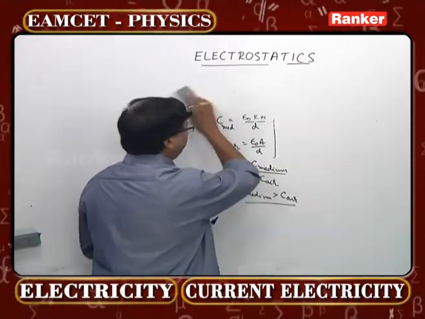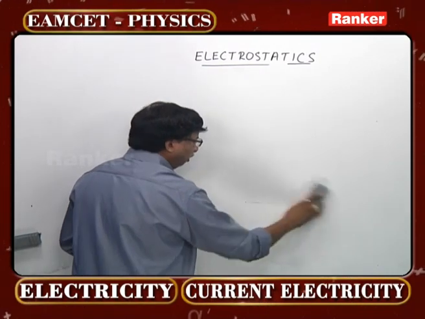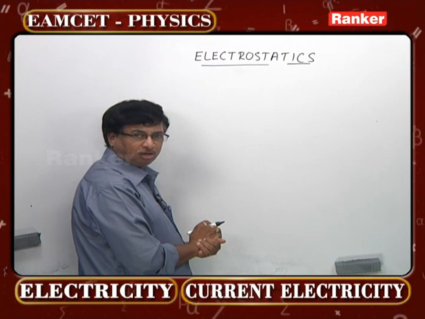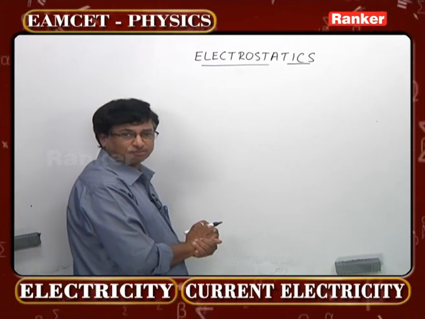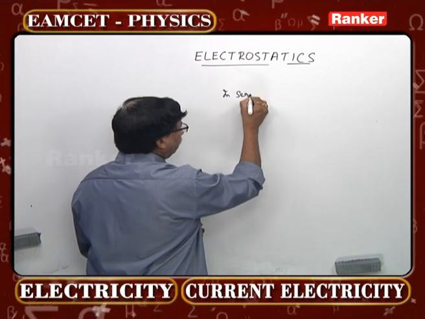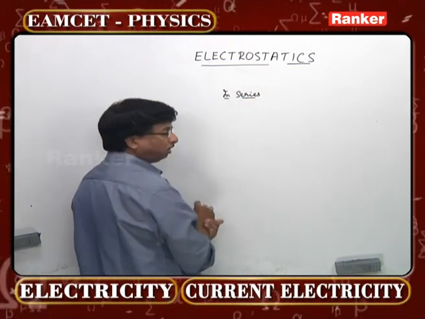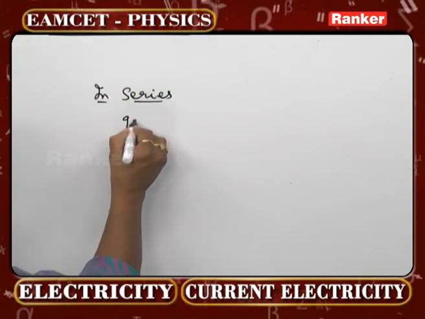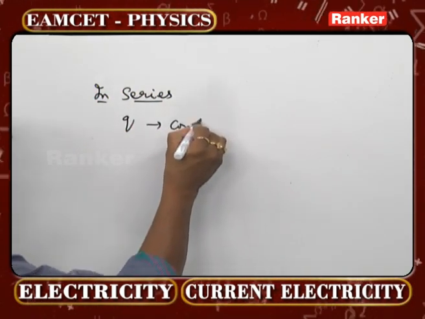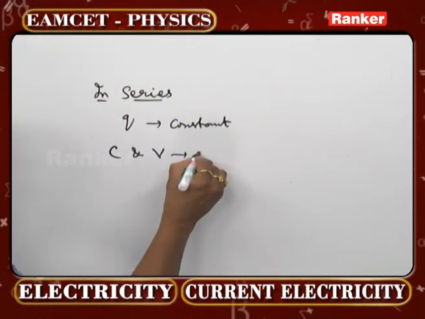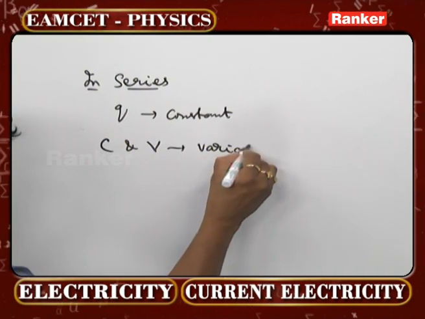Come to the next one over here. By considering the parallel plate condenser, what is the resultant capacity when we connect parallel plate capacitors in series? One, of course we know, in series, what are the things which are going to be constants and what are variables? We can all understand charge remains constant in a series circuit, whereas C and V, these two are going to be variables.